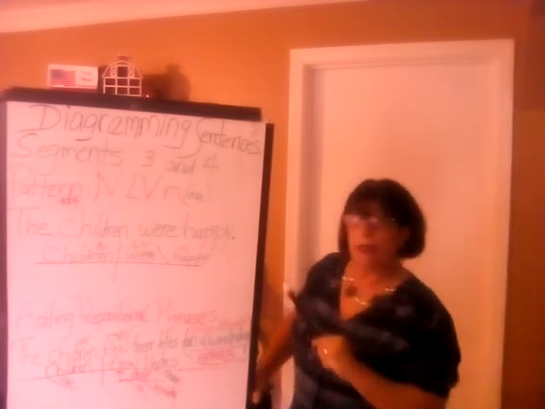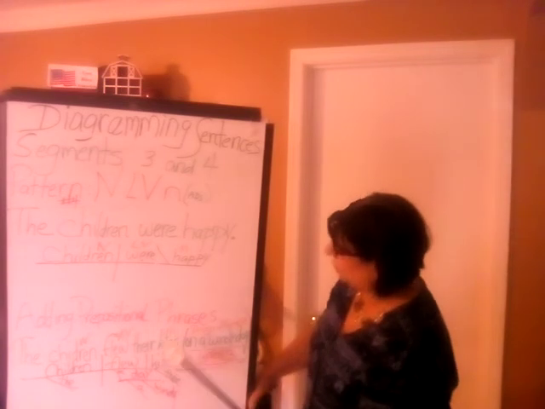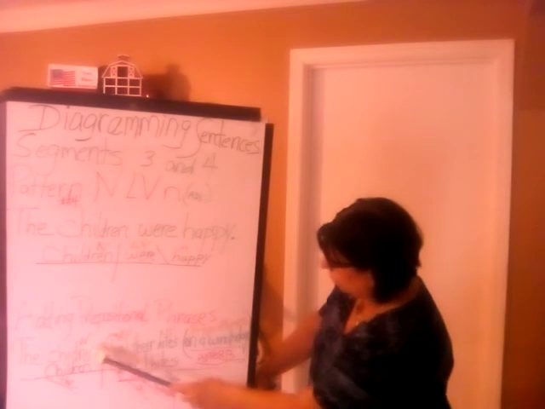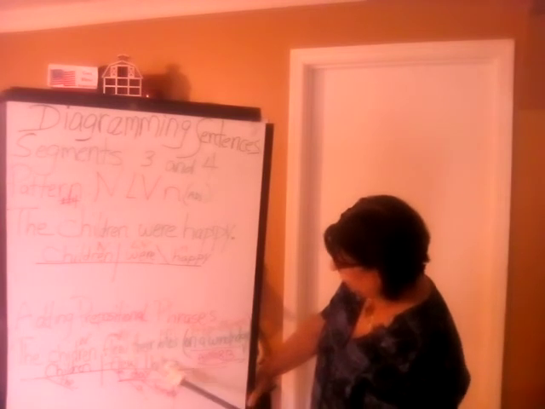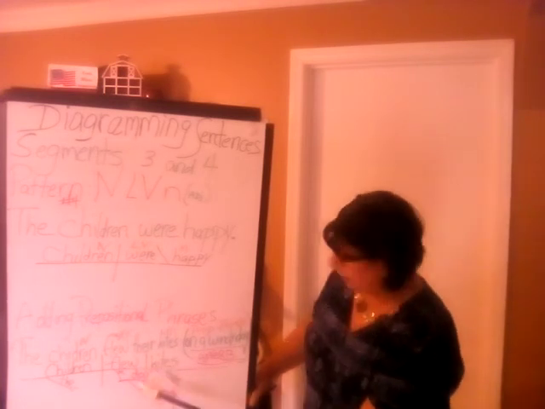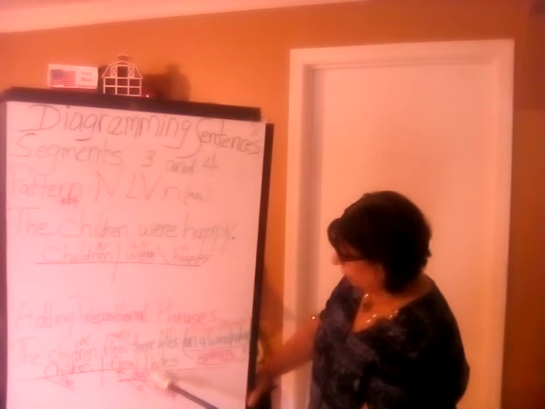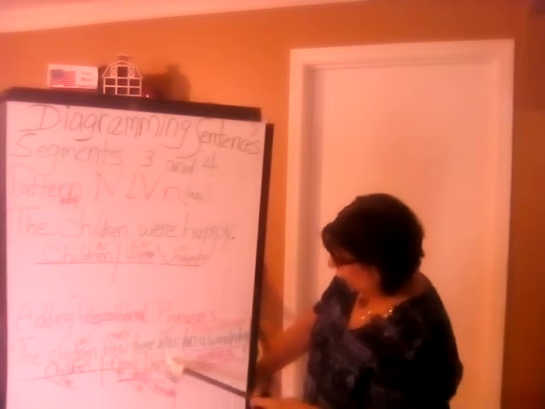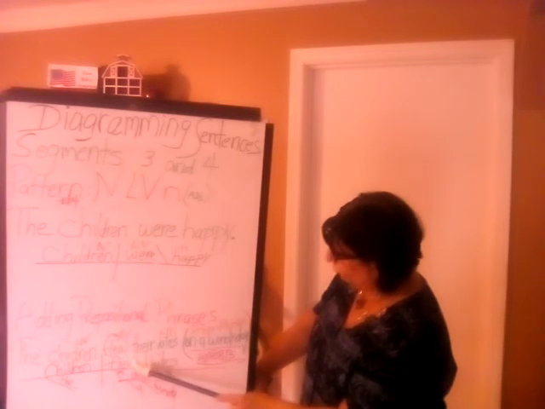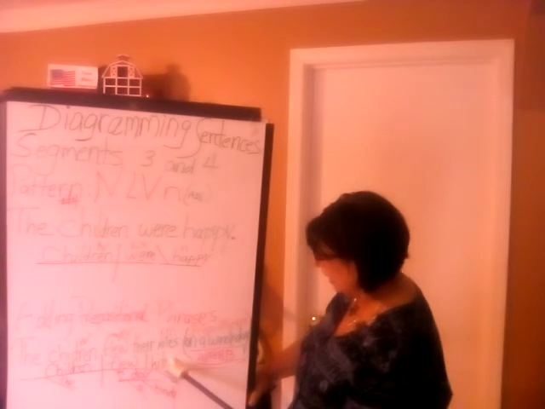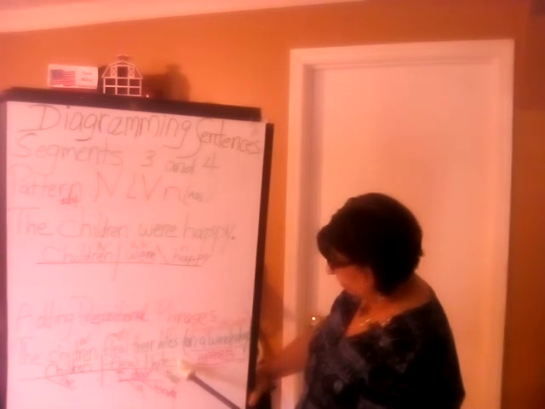Remember in segment 2 we talked about noun, action verb, noun? Here we go. Noun, action verb, noun, direct object. Flew what? Flew kites. I do not intersect the line. I do not slant the line. I am using a straight perpendicular line, which indicates that the next word is the object of the action verb. Flew, flew what? Flew kites. Kites is a noun.